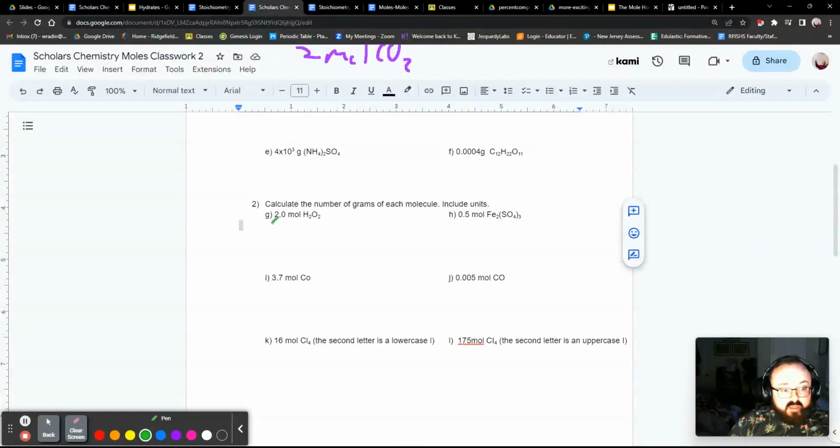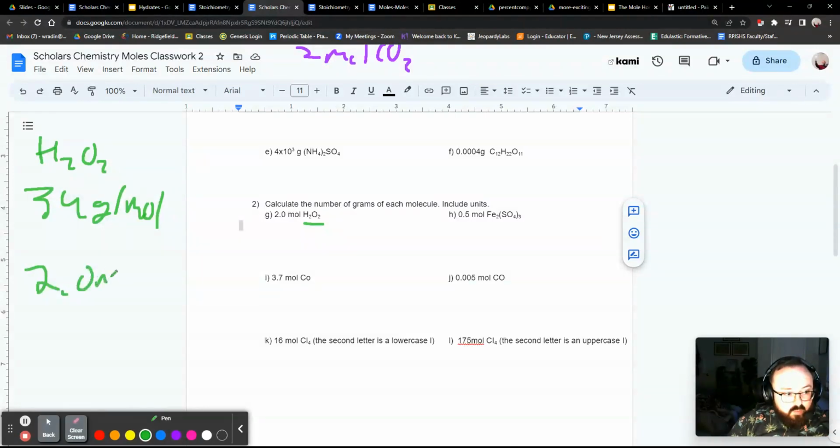And again, we need our molar mass. So H2O2, we get 34 grams per mole. You do these enough, you get to know oxygen and hydrogen by heart. So if I have 2.0 moles of H2O2, I'll put my 1 here. Here's my box again.